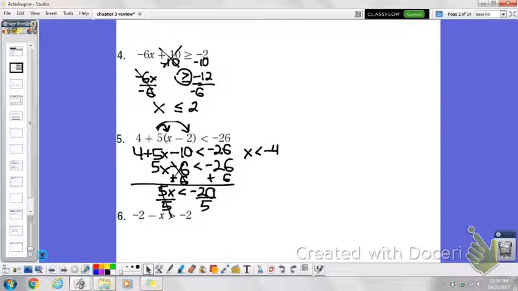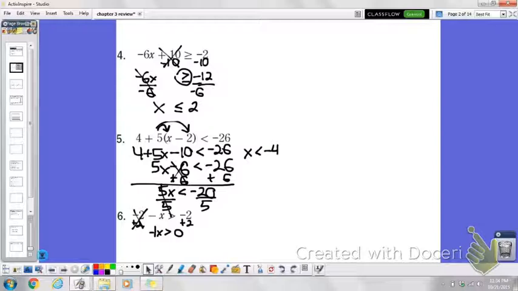The next one, we have negative 2 minus x is greater than negative 2. First step is to add 2 to both sides. Negative 2 on the left cancel out. I'm left with negative x is greater than 0. Now remember, since we have a negative x, it is the same thing as having a negative 1 times x.